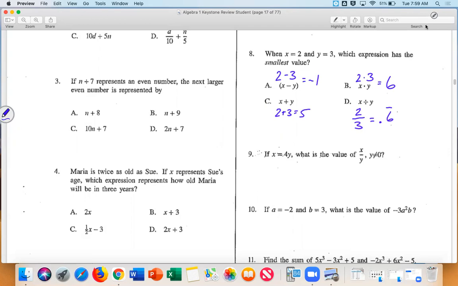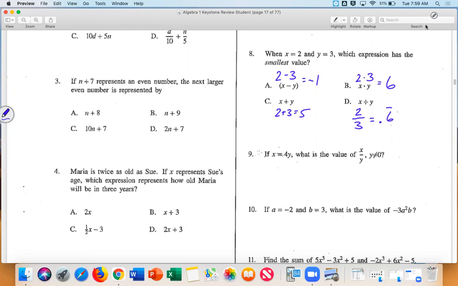Now, out of this, Emma, which one's the smallest? A, B, C, or D? D. Okay. Now, I see why you went with D because it was a decimal, agreed? Would you agree, Emma? Yeah. Now, let's think about a number line. Smaller numbers on a number line are numbers that are further to the left.